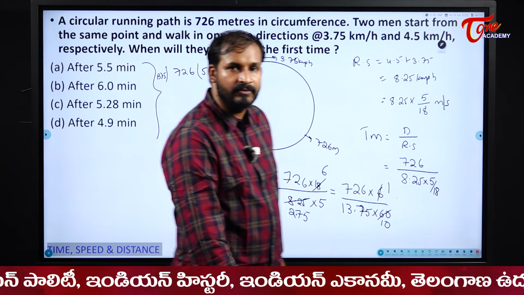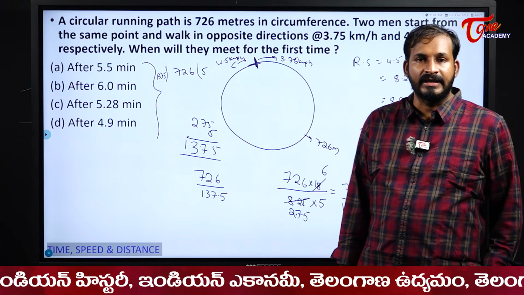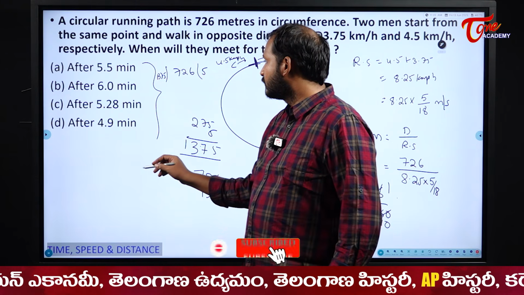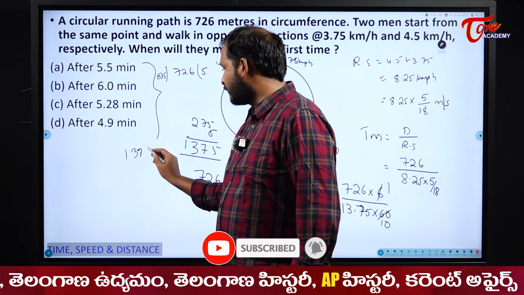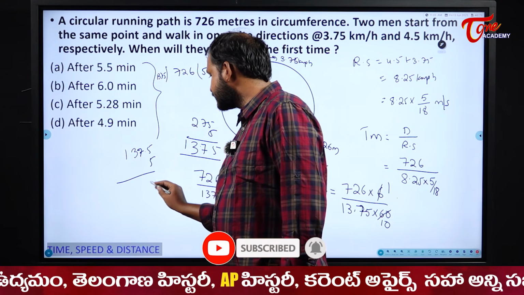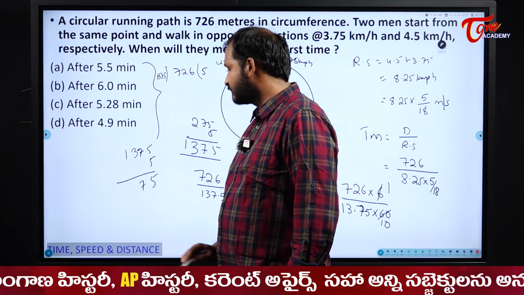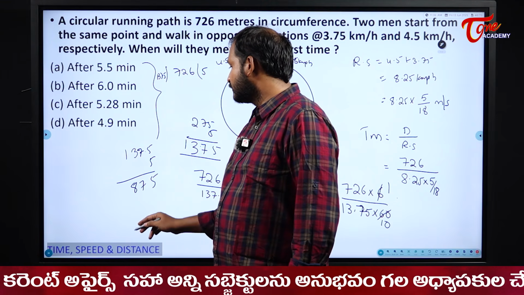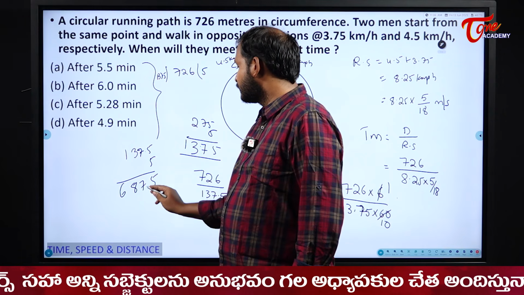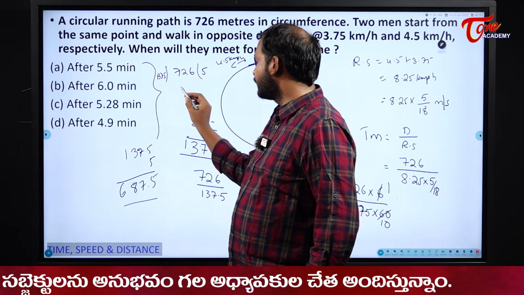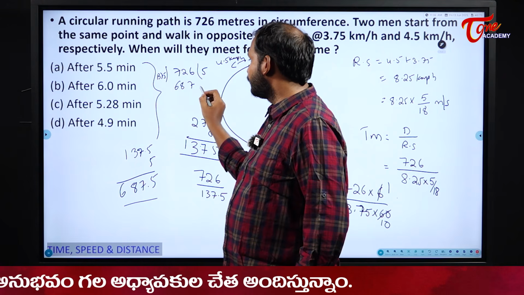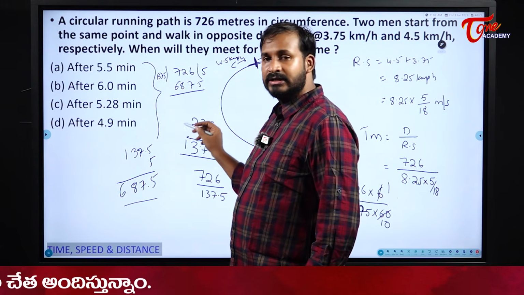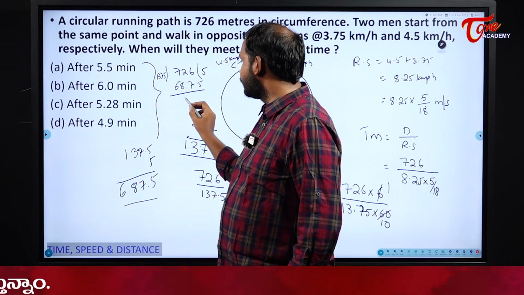So 137.5 into 5, 5 times. 2 means 7 times, 3 means 8, 1, 687.5. So what will you get here? Here you will have 26 and 12.5, it will become what?